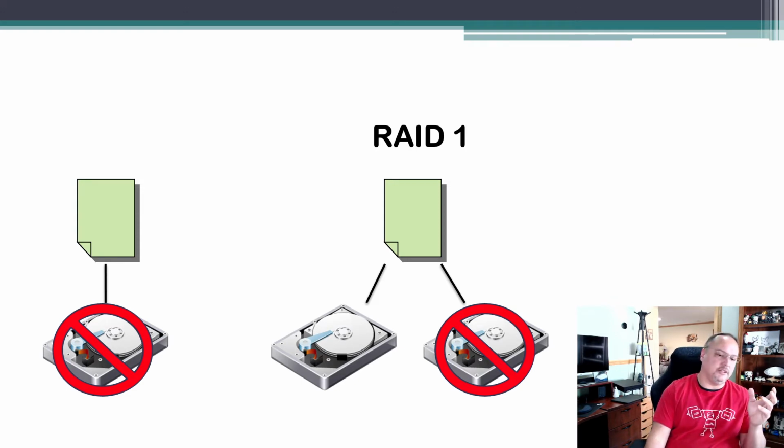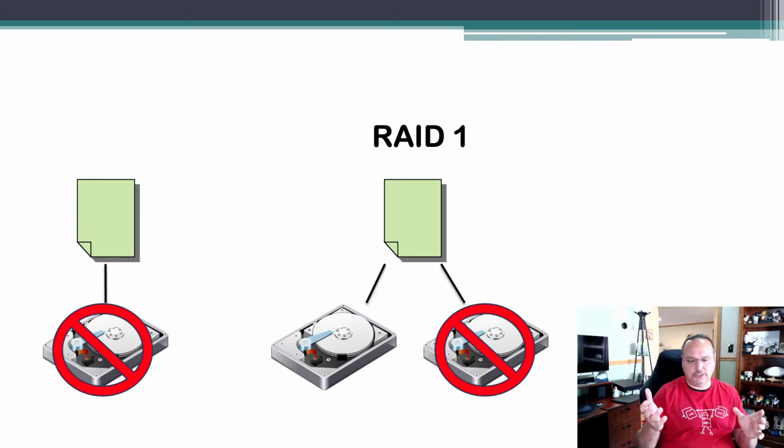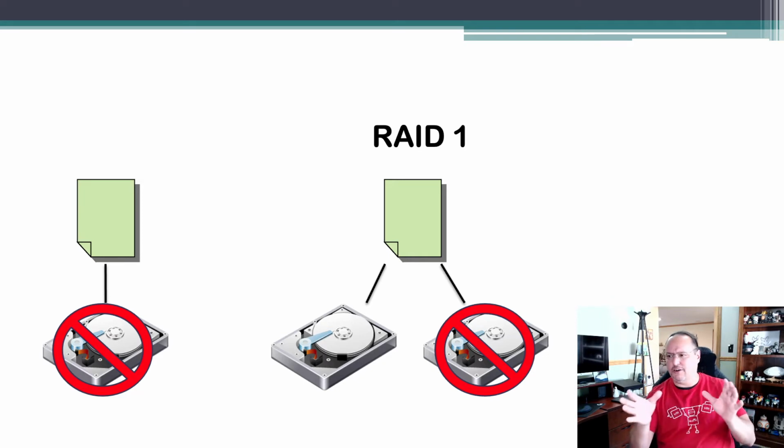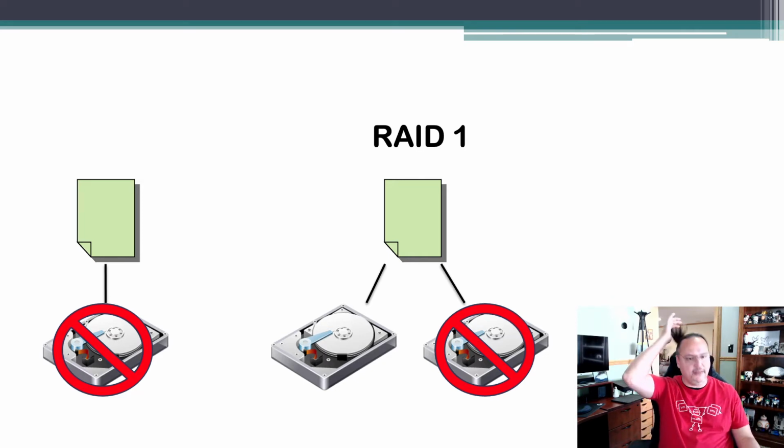There's a couple things here. There's storage efficiency, and that's, are you getting your money's worth, to put it bluntly. And there's also performance. Let's just say all the drives are 1 terabyte, just for easy math.